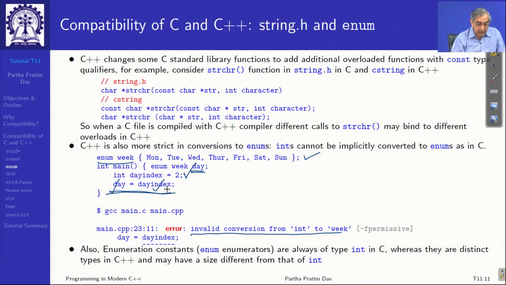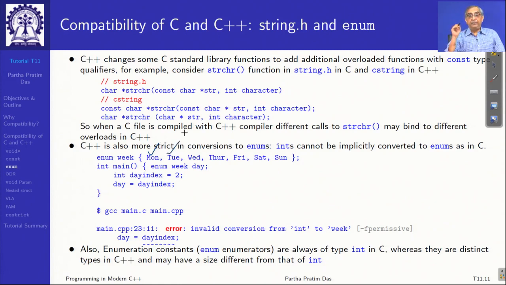Also the enum constants, like all these 7 constants here, are of type int in C, whereas they are distinct types in C++ and may have a different size from int.